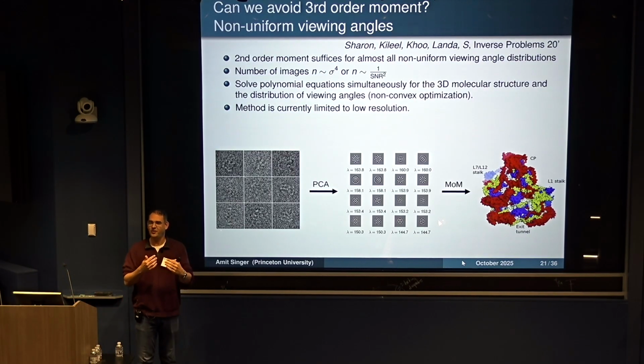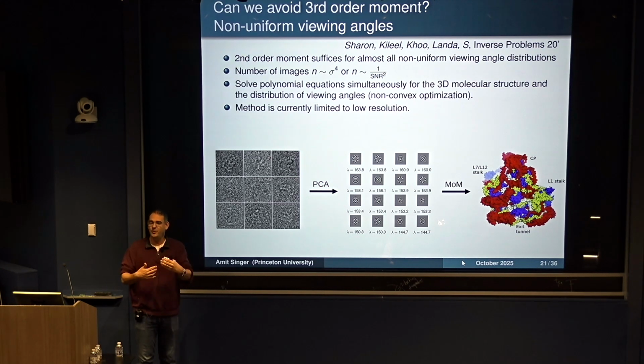But somehow, when you have non-uniform distribution, it breaks the symmetry. Now spherical harmonics of all orders talk to each other through this non-uniform distribution. You get coupling. So you can write the information that the second order moment provides as polynomial equations that are quadratic in the 3D structure that you try to recover, and linear in this unknown distribution.